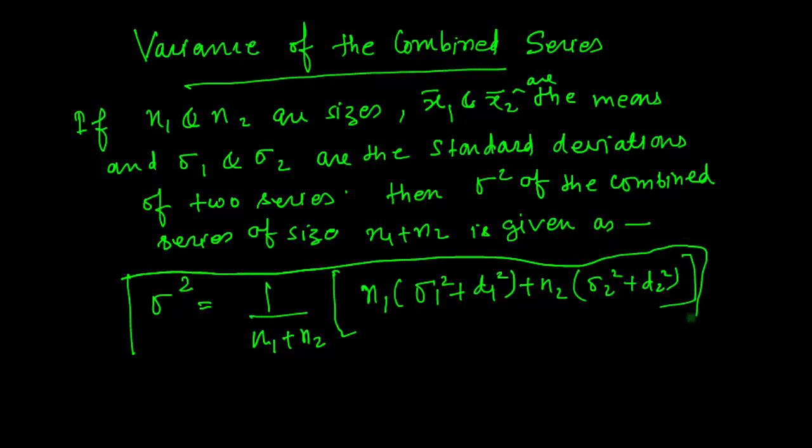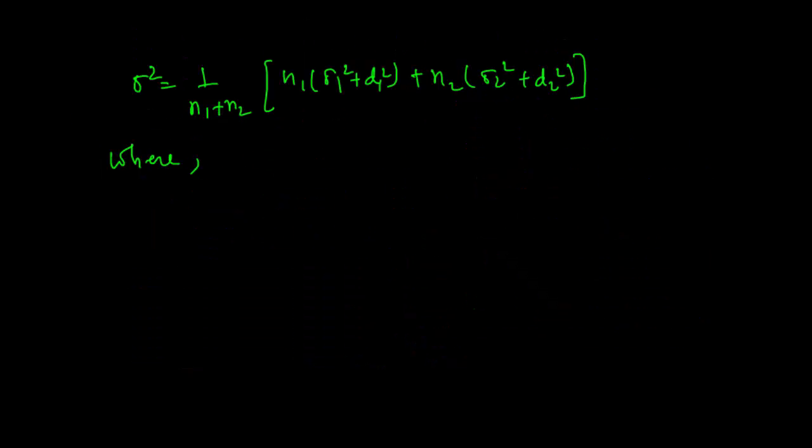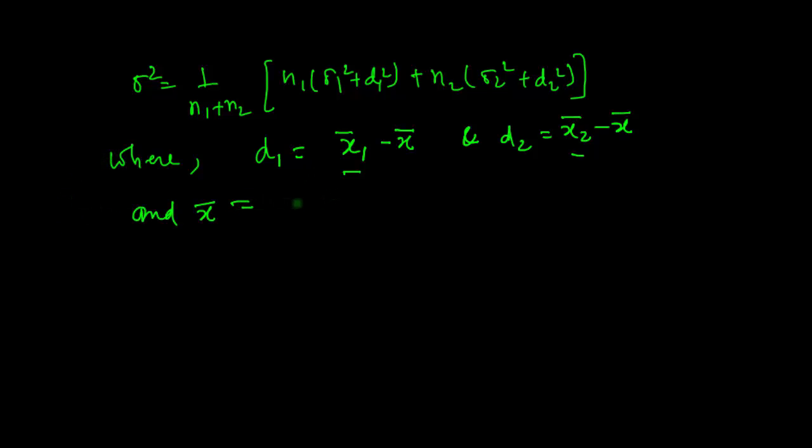This is the formula to find the variance of the combined series, where d1 is equal to x1 bar minus x bar, and d2 is equal to x2 bar minus x bar, where x1 bar and x2 bar are the means of the given series respectively, and x bar is the mean of the combined series, which is equal to n1 x1 bar plus n2 x2 bar whole divided by n1 plus n2.